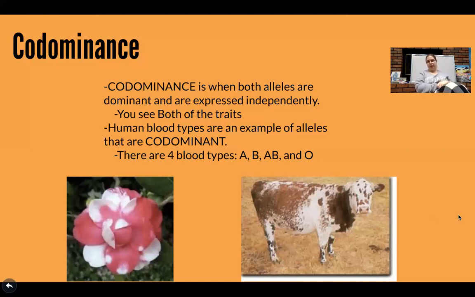Humans also show this. Now, the one example that is the most well-known is blood types. That's actually an example of human codominance, and the reason why we say that is most people have heard of blood types and know a little bit about them. You watch shows on TV, the crime shows, they sometimes bring that up.